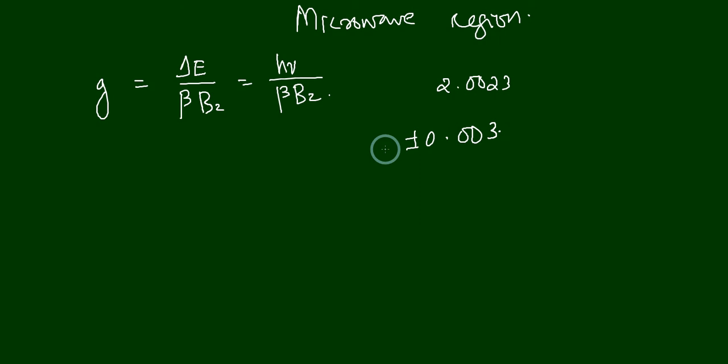So it can be considered almost like a free electron, not confined to a particular atom or orbital. That is why radicals will show a g factor which is very close to the g value of the free electron itself. But in some ionic crystals, the g factor can vary.